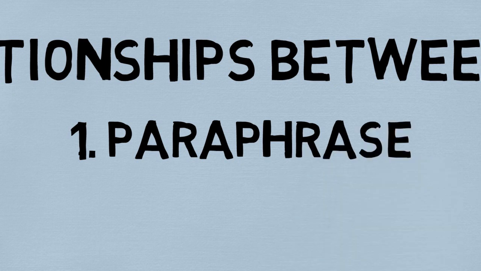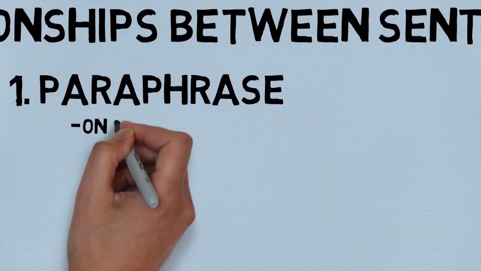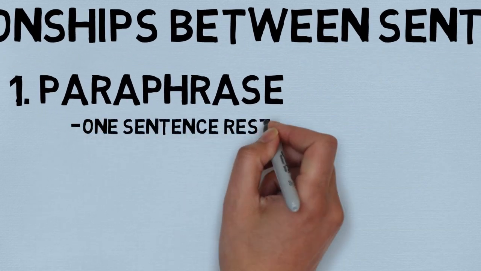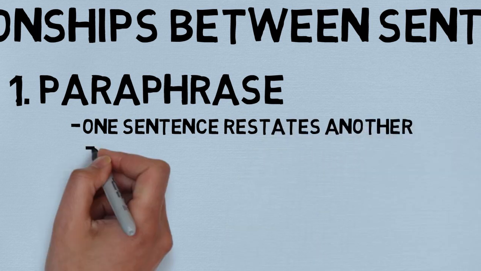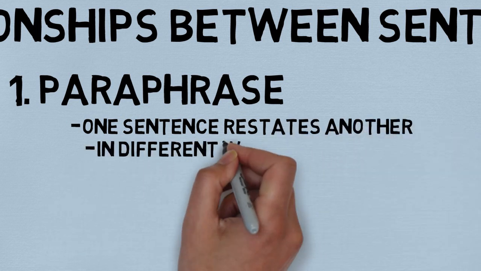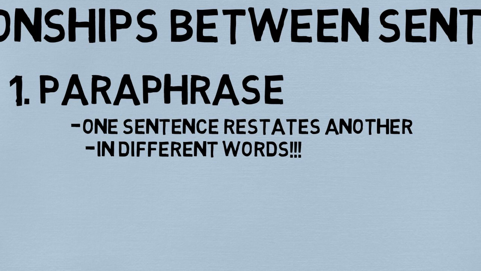Number one is paraphrase. A paraphrase is a sentence or paragraph that restates, in different words, what a previous statement has said. The key component of a paraphrase is that it uses different words to express the same meaning.